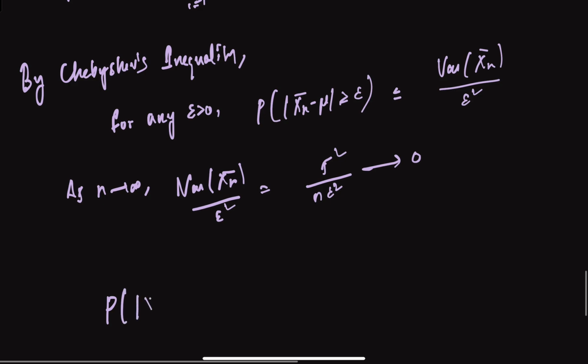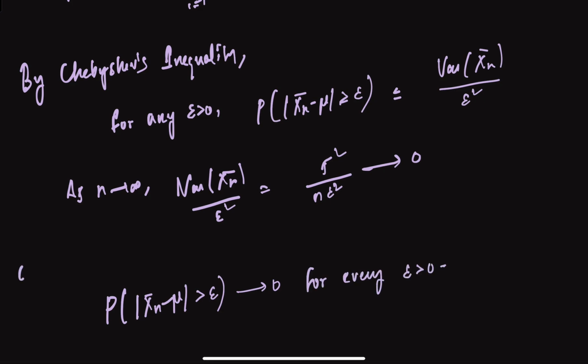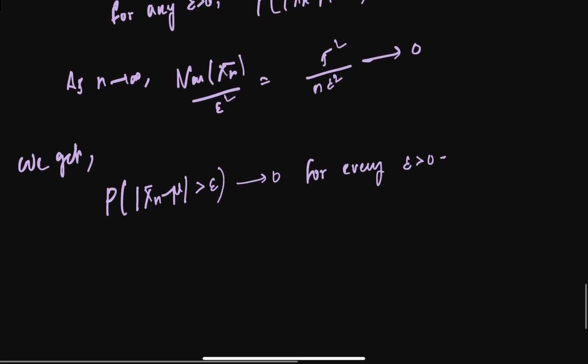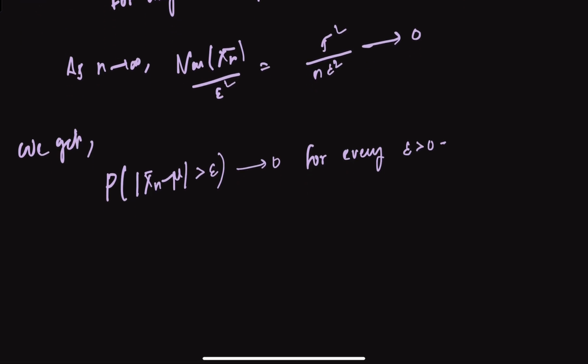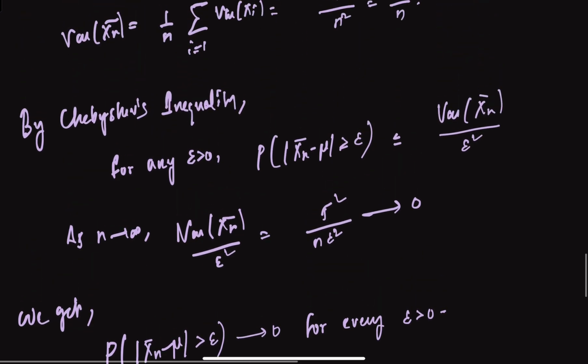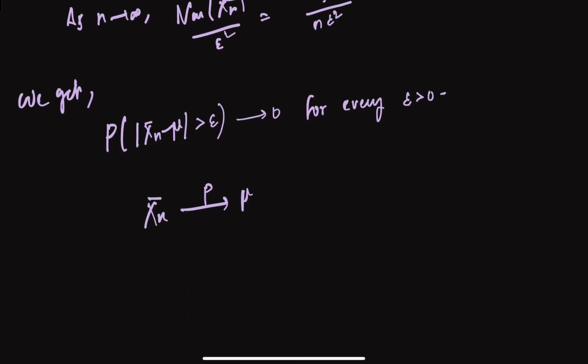So the probability that the absolute value of Xn bar minus mu is greater than epsilon tends to 0 for every epsilon greater than 0. This is exactly the weak law of large numbers: Xn bar converges in probability to mu. Hence we have proved that the weak law of large numbers holds here.